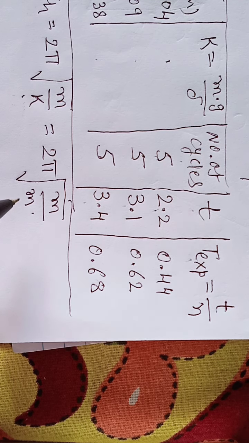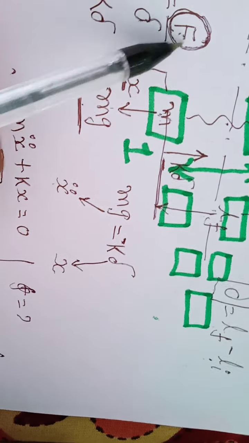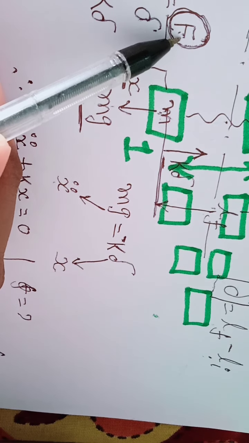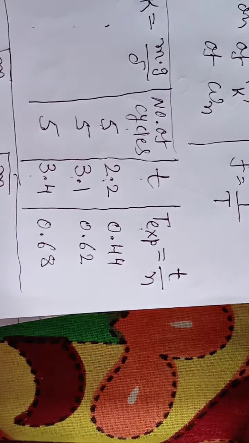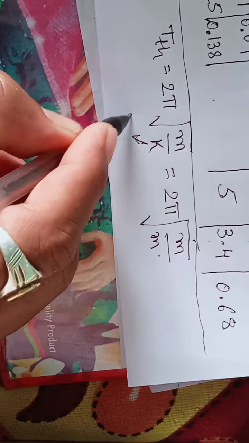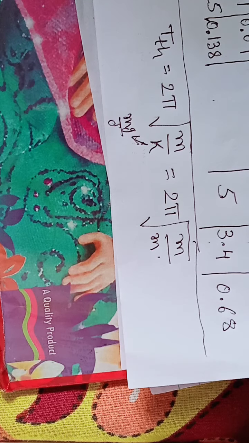Stiffness is force per deflection, and force is mg, so I am replacing k by mg divided by delta.